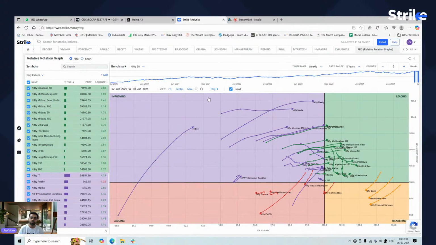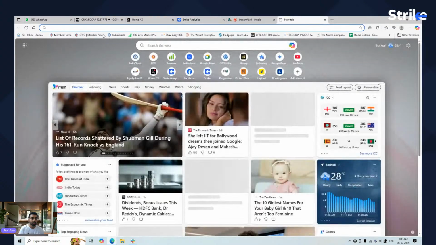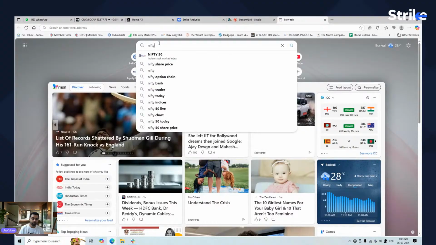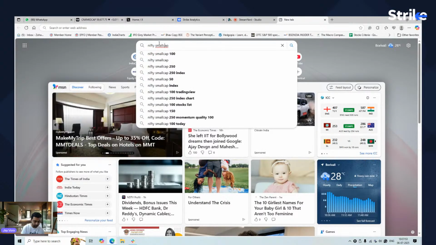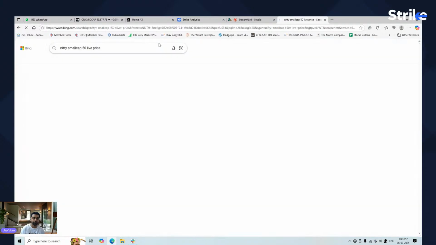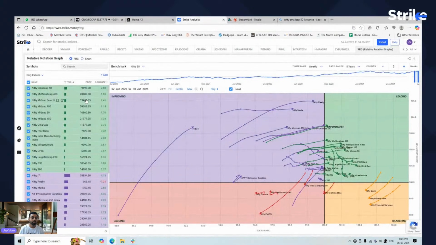And if at all you have a doubt whether prices are of today or of a few days back, simply check the price over here and check it with the live market. Okay, so right now the markets are closed, but say this is Nifty Smallcap 50. I am just googling Nifty Smallcap 50 live price, right?